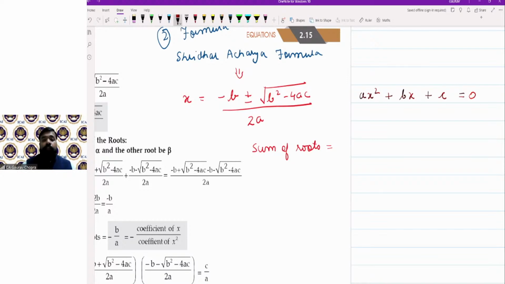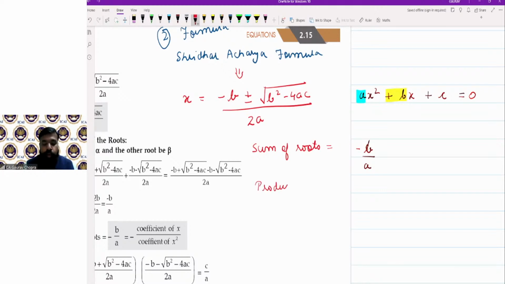Whenever we have to find out the sum of roots, we have to use a simple formula, that is minus b upon a. What is b? b is the coefficient of x. And what is a? a is the coefficient of x square. So we have to do minus b upon a. This is known as the sum of roots.